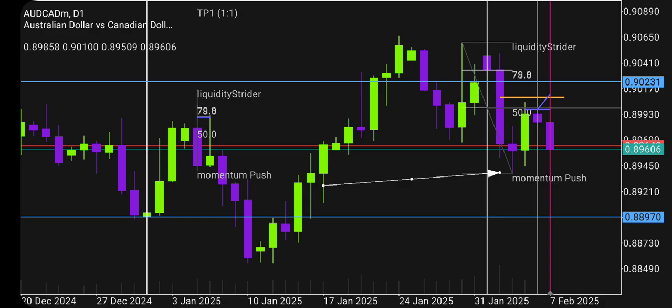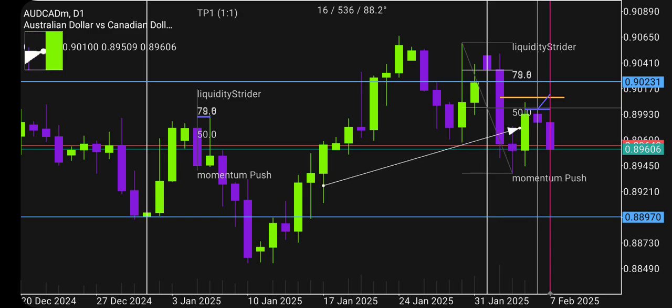This is the first thing that we're looking for on the daily chart. Number one, momentum push. Write it down. Second thing, we look for a 50% retracement of this momentum push. The market made a low on Tuesday, pushed up away from that low, and made a candle on Thursday.